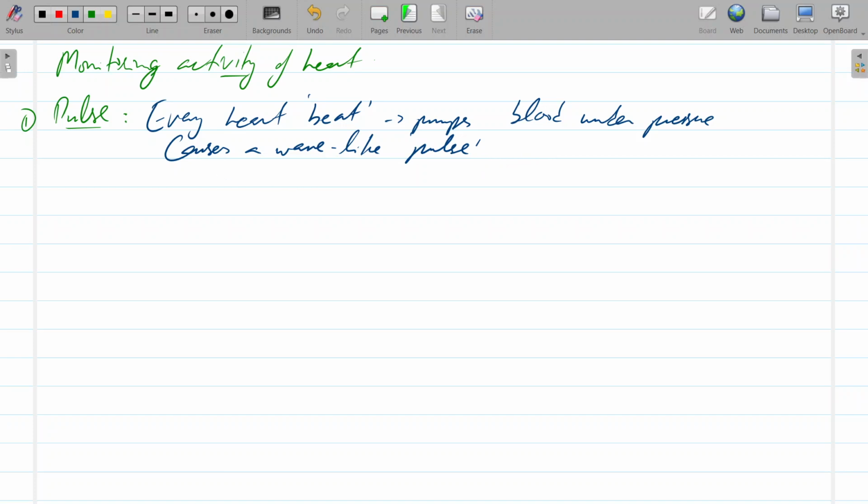So you can detect your pulse from either your wrist, the part which is under your thumb.